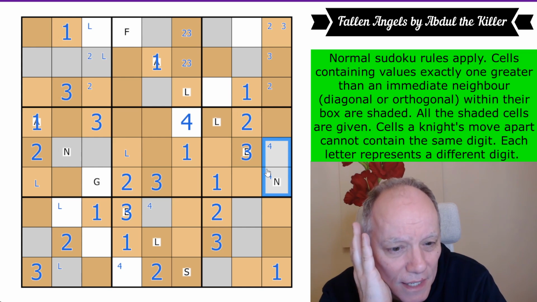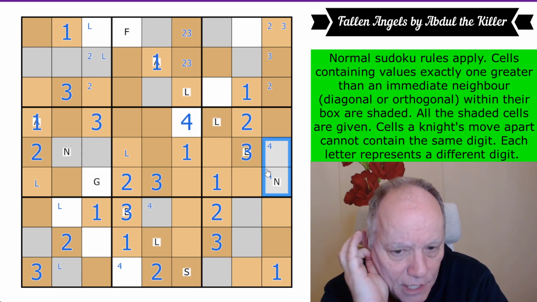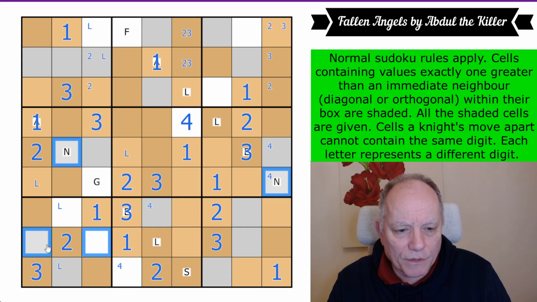I'm actually probably prepared to mark up all the cells I've now got as potential. Oh no, N could be 4. In fact, one of those two is N. I worked that out earlier. So N is quite likely to be 4. That would make one of those two a 4.